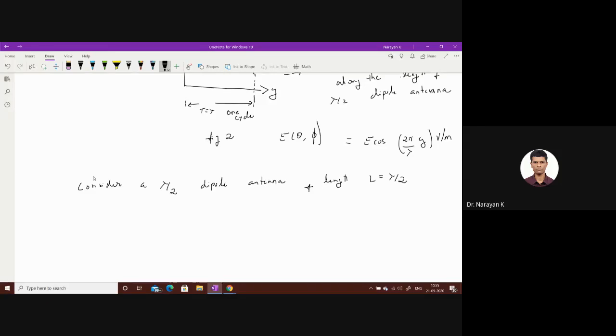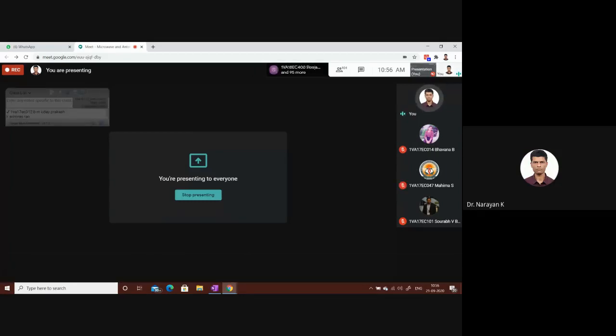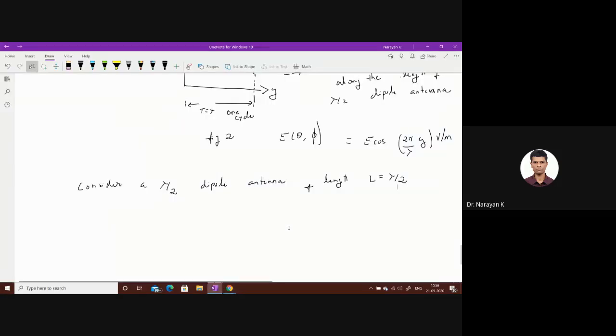If I call it a lambda by 4 dipole antenna, what will be the length? Lambda by 4. Yes. So if it is lambda by 4, the length will be lambda by 4. If it is lambda by 2, the length will be lambda by 2. As simple as that. Placed along y direction.